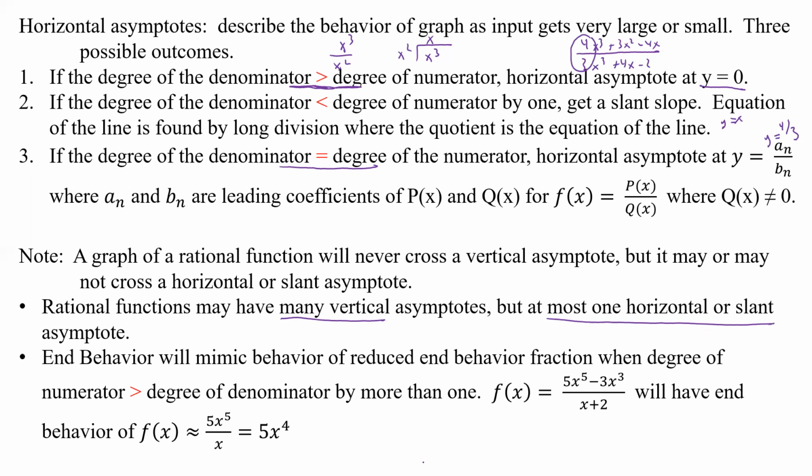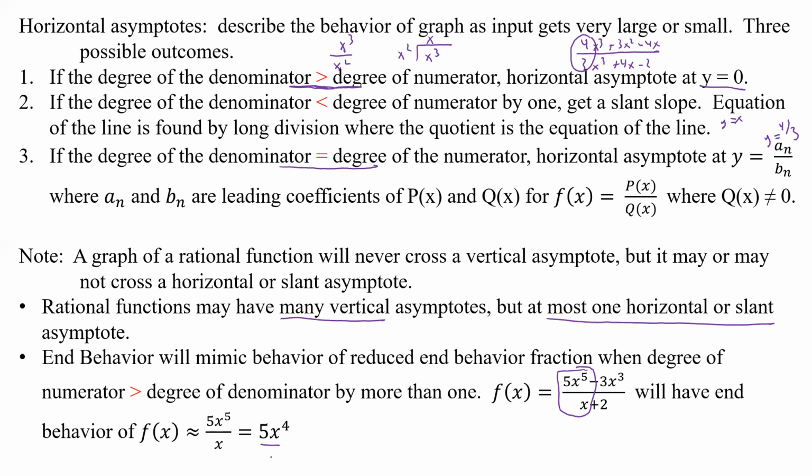Now, the end behavior is going to mimic the behavior of the reduced fraction of the leading terms when the degree of the numerator is greater than the degree of the denominator by more than 1. If we look at this one, we have 5x to the fifth over x, so we're just looking at that beginning piece. It's going to have the end behavior of 5x to the fifth over x, which if we reduce that is 5x to the fourth.